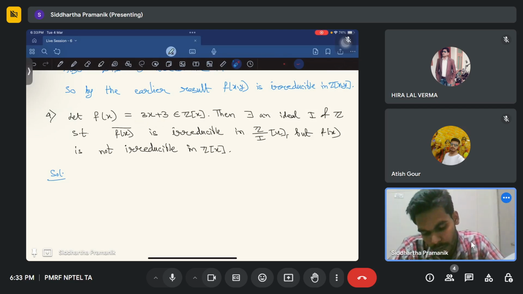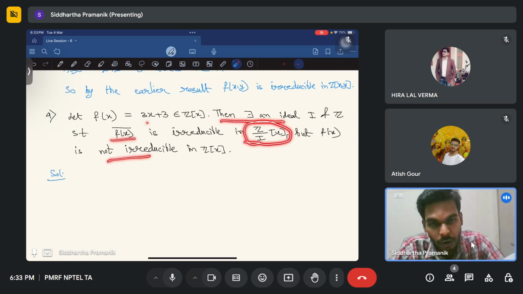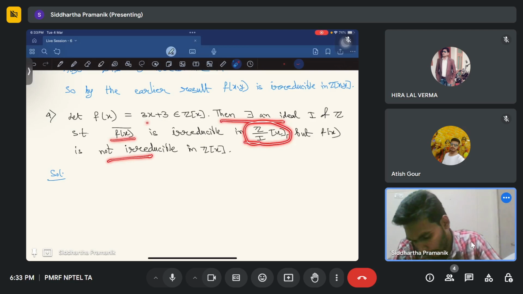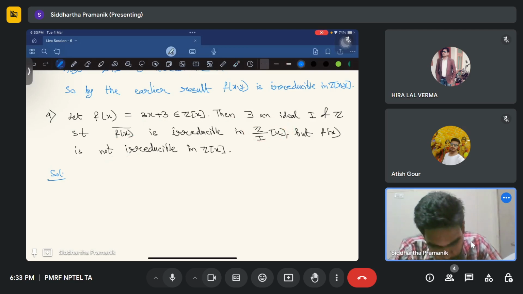So it says there exists an ideal I such that if you take the image of f(x), it will be irreducible in the quotient ring, but our original polynomial is not irreducible. Did you understand the statement?